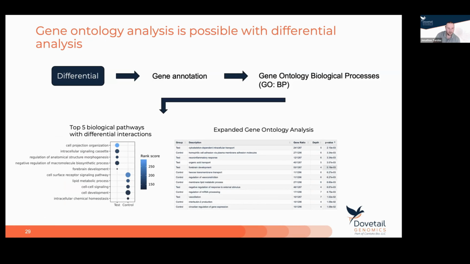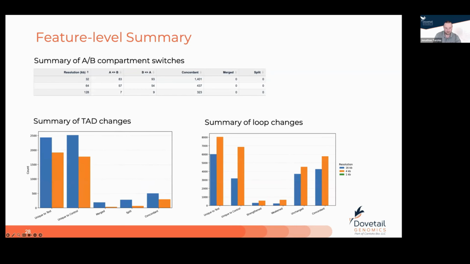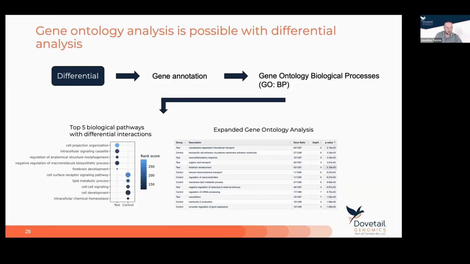So what we're able to do here is take, from what I just showed you, the different levels of differential analysis, take those regions, associate them to genes, and then perform a gene ontology type of analysis that is more analogous to what you would do for an RNA-seq expression. So we take those regions, we annotate them with genes, we perform gene ontology analyses for the genes specific to your test sample and for the gene set that's specific to your control sample.